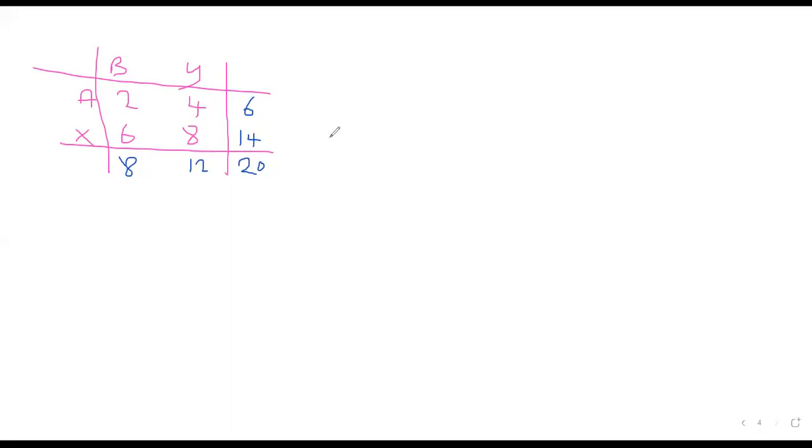So how do you find the probability of A? It is the number of A elements over the total of totals. So the total of A is what? 6. 6 out of 20, which is 0.3. So can somebody lead us?